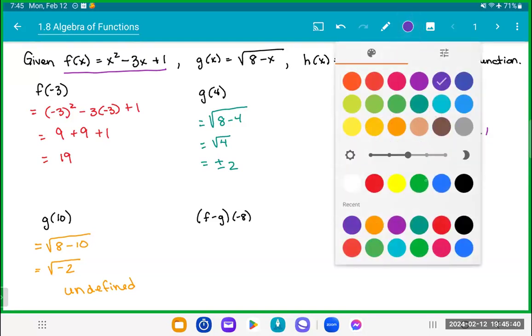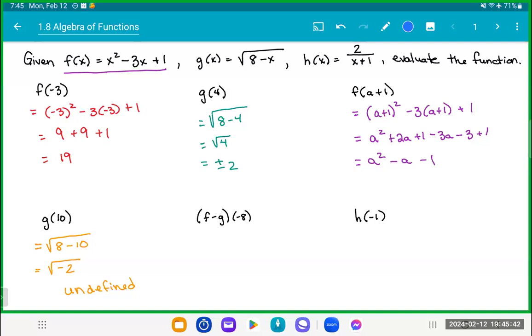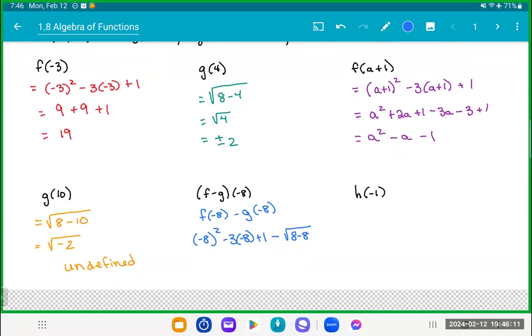All right, so the next one here, we're going to look at our f function minus our g function, so we can evaluate those individually. So we could say f of -8 minus g of -8. Okay, so that is -8 squared minus 3 times -8 plus 1 minus the square root of 8 minus 8.